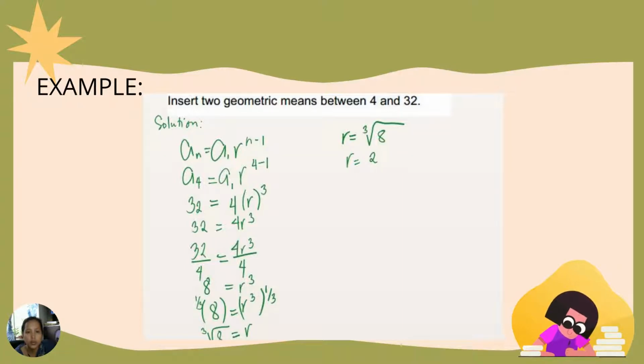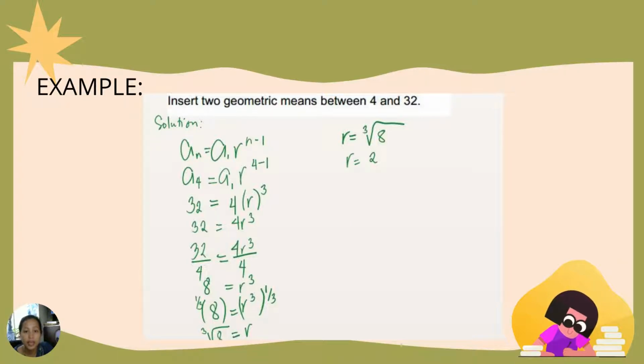We are going to use the geometric formula in finding the nth term, which is a sub n is equal to a sub 1 times r raised to n minus 1, in which a sub 1 here is our first term, r stands for our common ratio, and n for the number of terms. Okay? Then we are going to substitute the given facts to our formula.